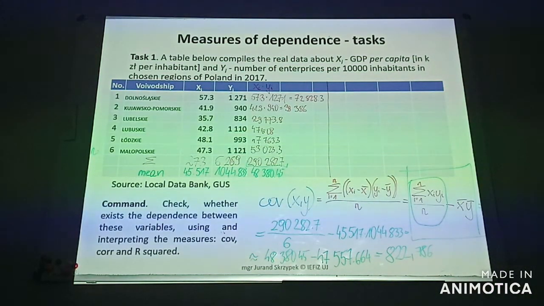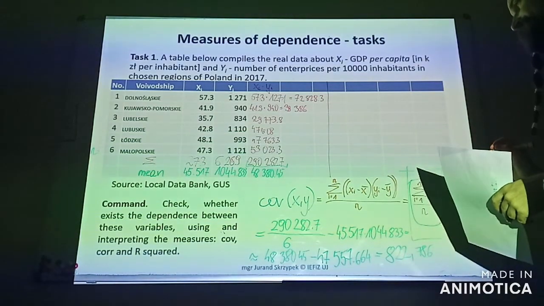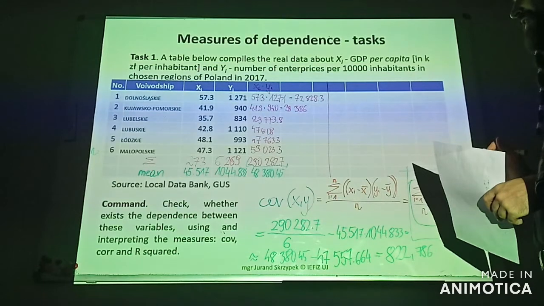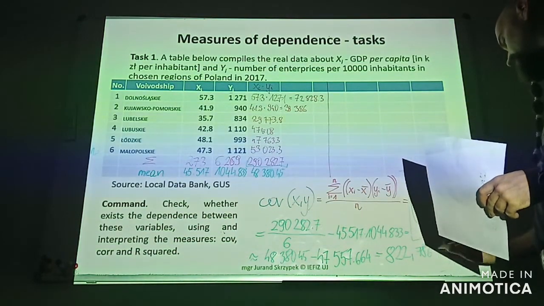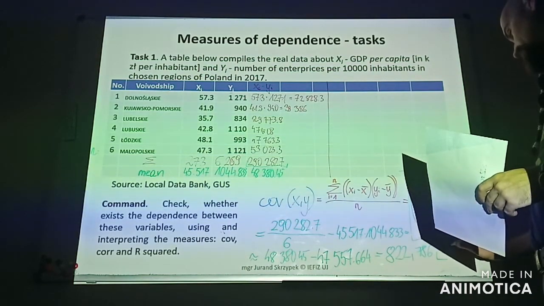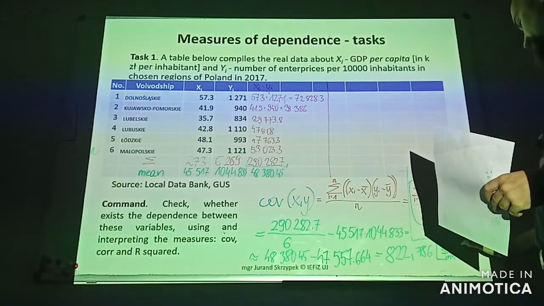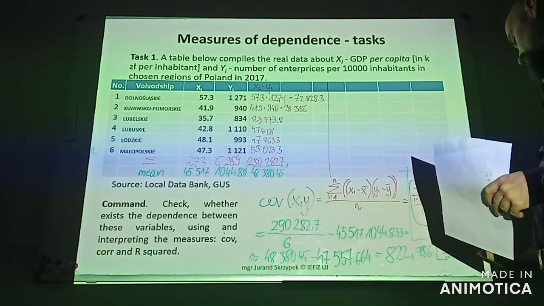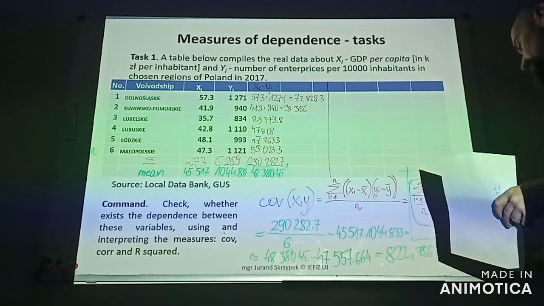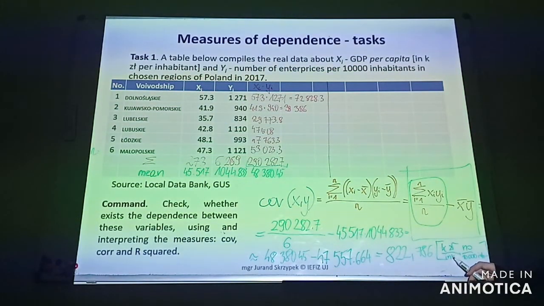This is the value of covariance measured by 1,000 zlotys per inhabitant multiplied by number of enterprises per 10,000 inhabitants. We multiply the unit of variable x by the unit of variable y. Here we have 1,000 zlotys per inhabitant, and here we have number of enterprises per 10,000 inhabitants.